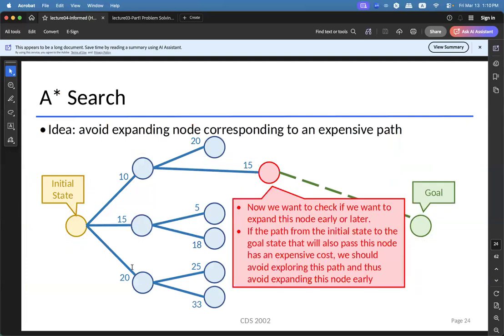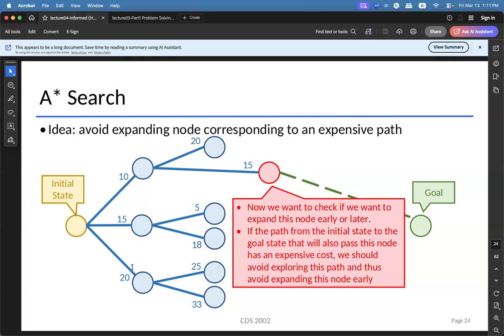Okay, so essentially the search tree itself can be considered as a collection of paths that your algorithm has been searching so far.